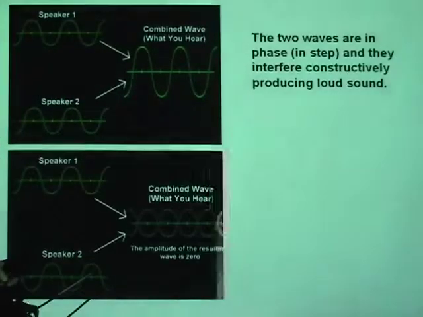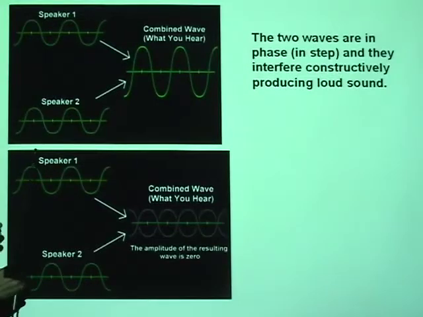Whereas if this is the situation, watch this one. The compression of one wave is on the rarefaction of the second wave. I hope you understand when I'm keeping this tick. The compression of one wave is on the rarefaction of the other. They are completely out of phase.